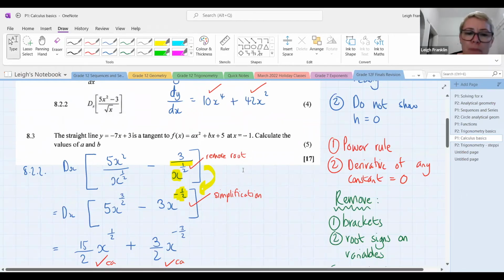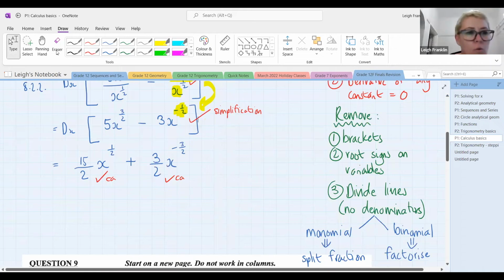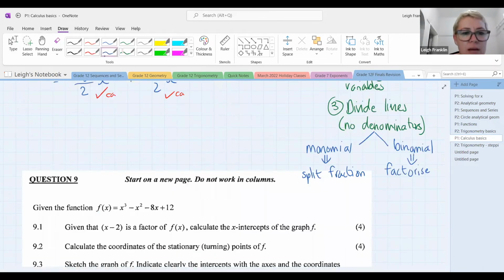I don't know if you remember this from, I think it was grade 9, the first time you did it. If you have something like 1/x to the power of -2, you can write that as x to the power of +2. Okay. Yes.